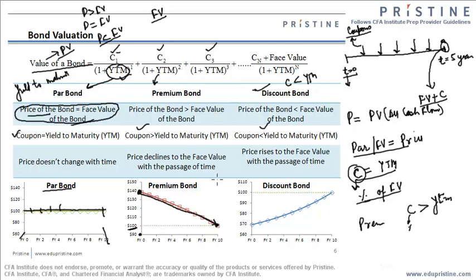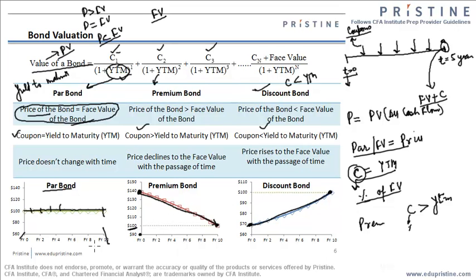Similarly, the discount bond will start from a lower end. That is, for a discount bond, we know that the prices are lower than the face value, so it will start from the bottom and keep increasing, and finally at maturity it will converge to the face value of the bond.